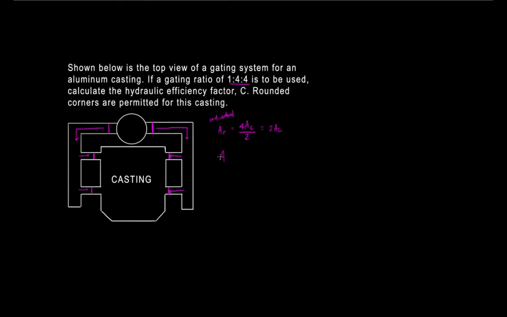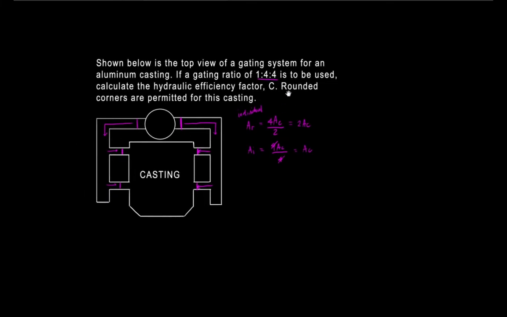So if we compute for the individual in-gate, this is equal to 4 times the choke area, because it's 1 is to 4 is to 4, and we divide it by the 4 available in-gates. That becomes AC, meaning that the in-gate area is actually equal to the choke area.